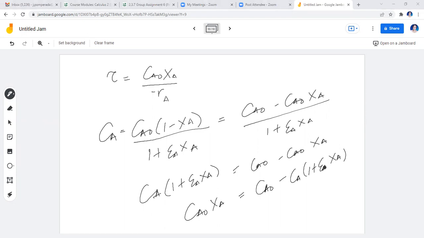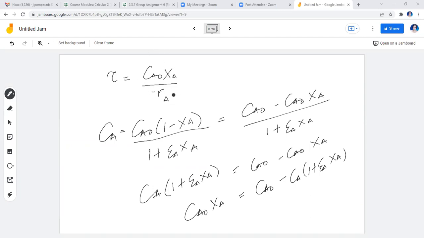You have nothing to substitute for XA when you simply substitute this entire expression for this CAO XA. So instead of replacing the entire CAO XA by this collective expression, it is the XA that you're going to change in here. Anyway, the initial concentration is already fixed. So you're going to determine the XA for each of the runs.